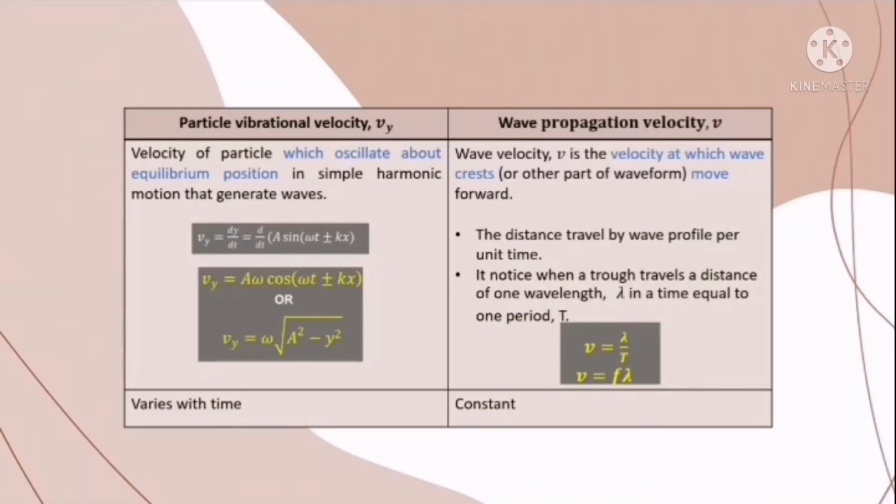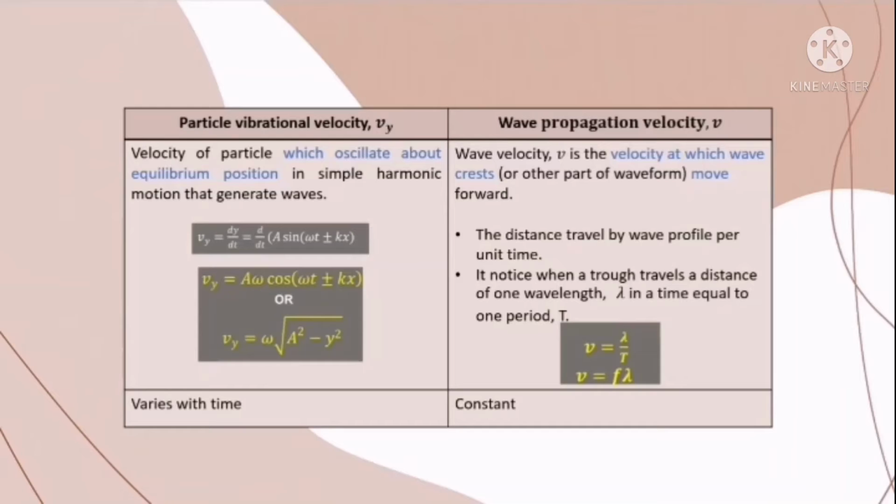To get the particle vibrational velocity equation Vy, we have to differentiate the displacement equation where y equal to a sine in bracket omega times t plus or minus k times x. We will get Vy equal to a omega cos (omega t plus or minus k x).